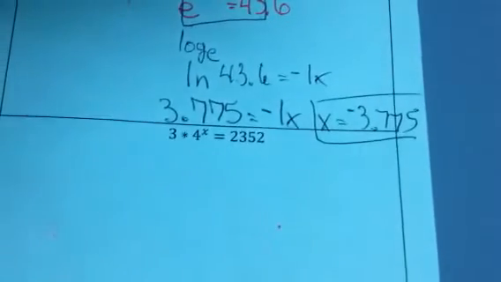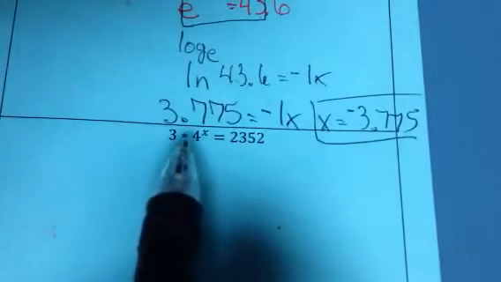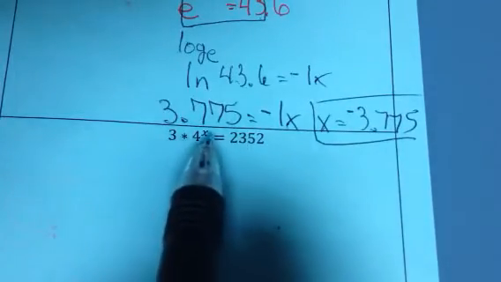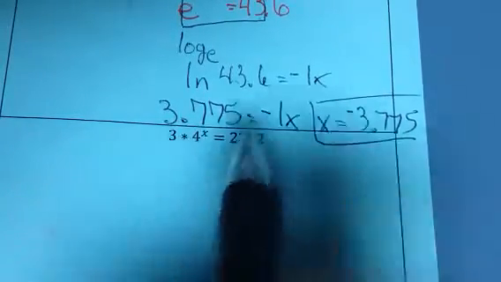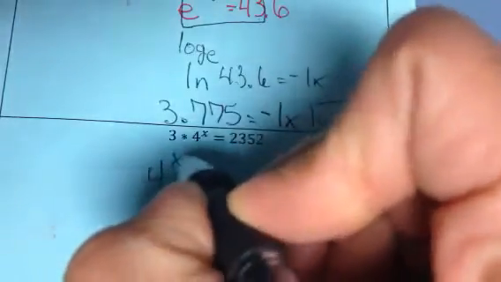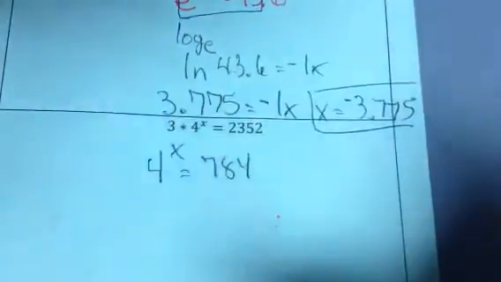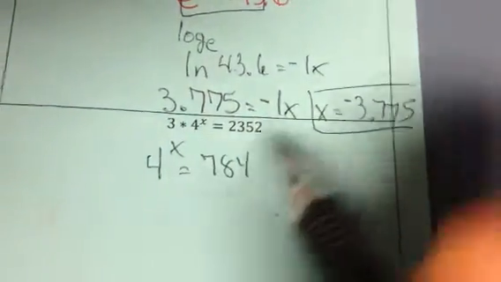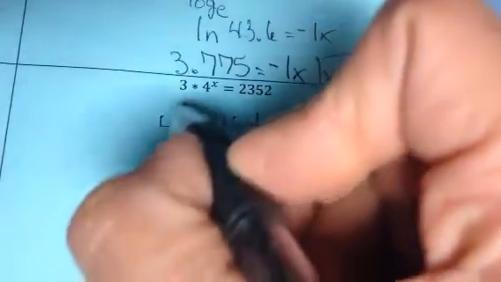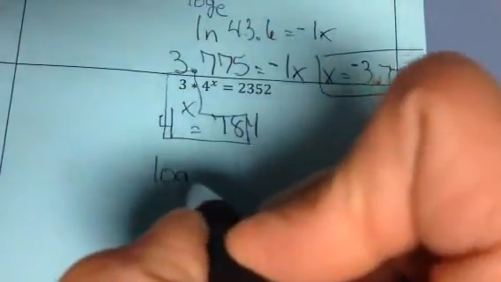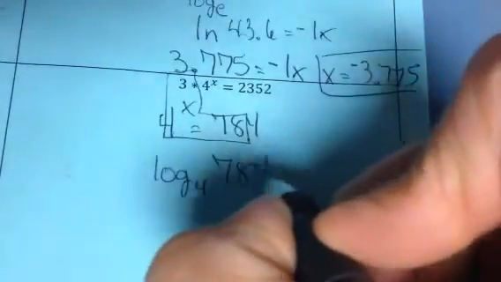All right, next one. So on this one, I have a base and an exponent. There is a constant, so I'll be making my L, but I can't make my L until it's just this, so I'm going to divide by 3. So if you take 2352 and you divide it by 3, you get this. So 4 to the what power gives me 784? I don't know. So we're going to turn it into our log. So log 4, 784.